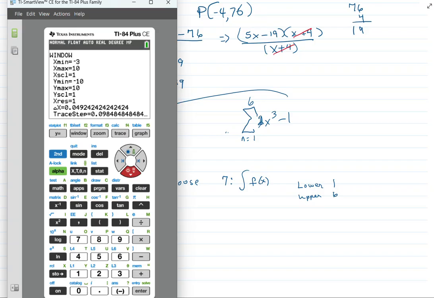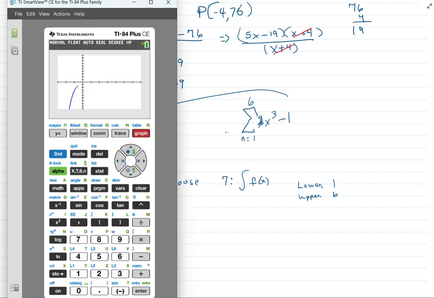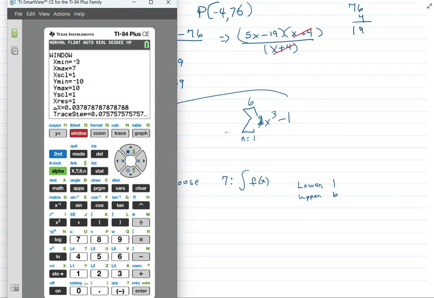And then we're going to see what it does. Okay, we cannot see it because it's so huge. It's very large. So we're going to say this is going to be a -2, and we're going to make it 1,000. And we're going to make it in scales of 100.